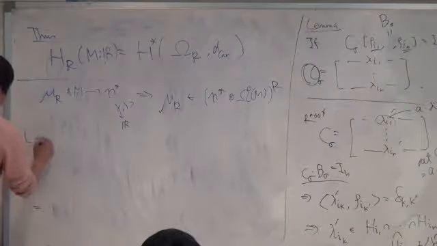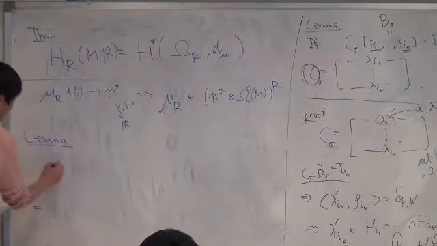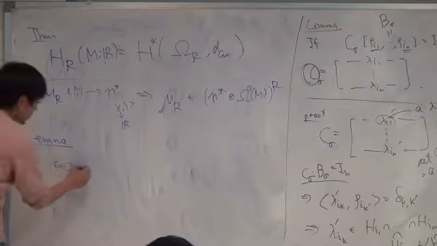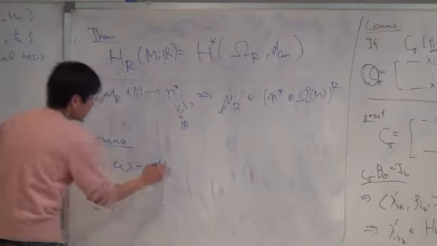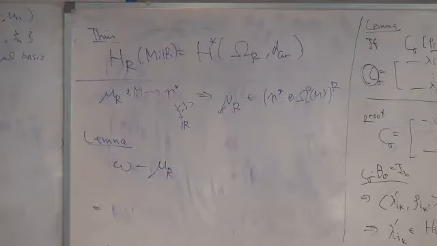So the lemma is: define omega minus mu. What is this?